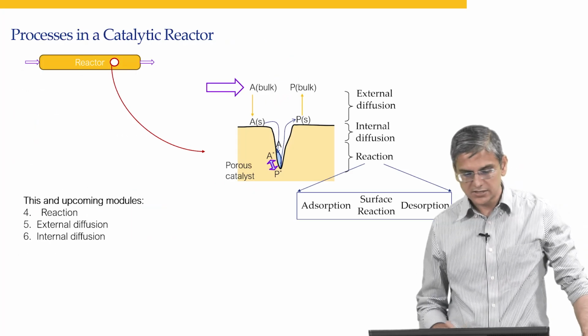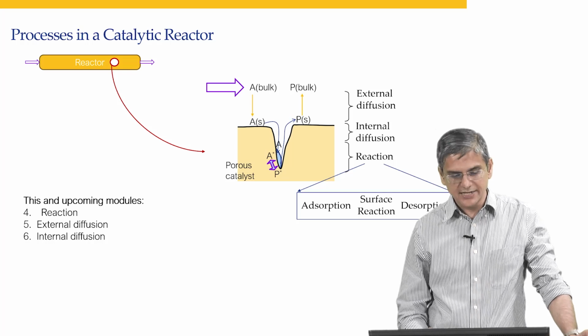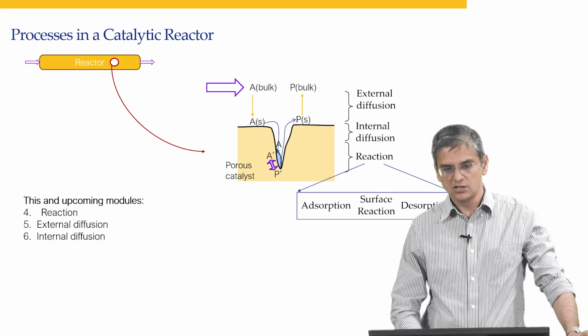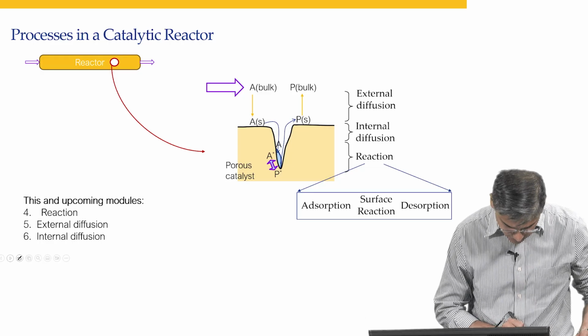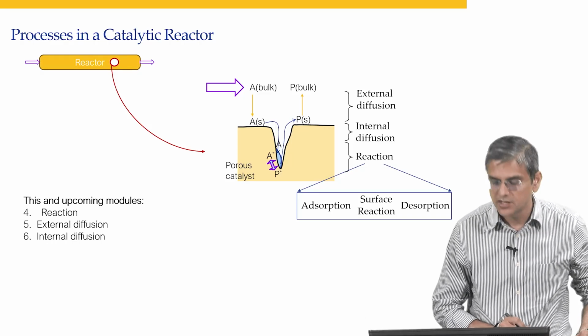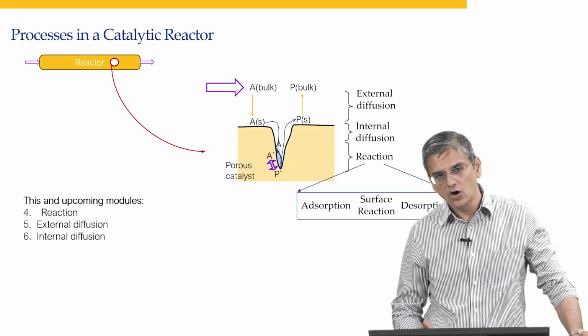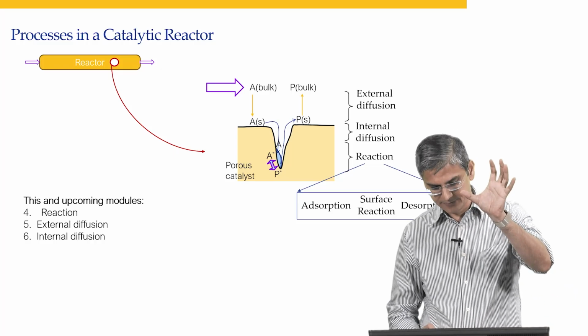Okay. So, based on that, we will take a slice of that reactor. Now, this small slice that you see over here could be a slice of the wall when it comes to the tubular reactor, or it could be a pellet. Okay.